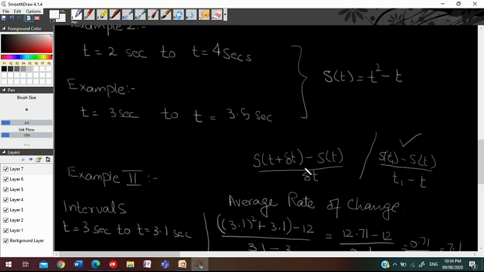The difference is that here we calculated a small change in our second time, from 3 to 3.1.